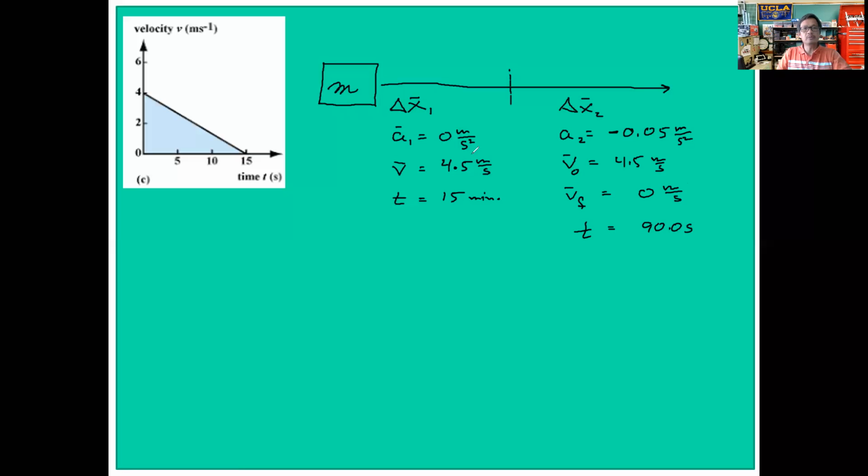So we could actually say here that for the first interval, v initial is equal to v final, which is equal to 4.5 meters per second. So that's how you want to do that.